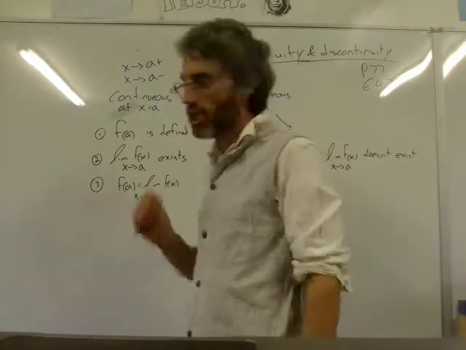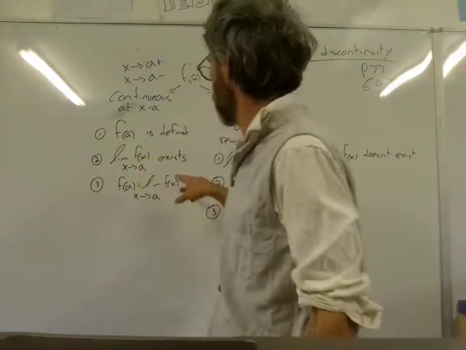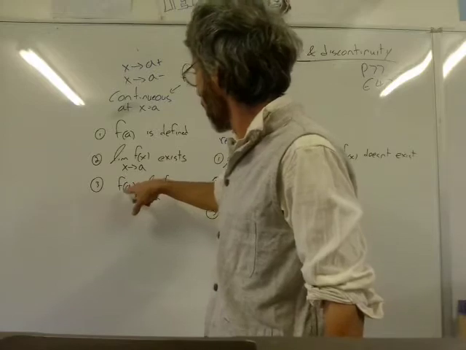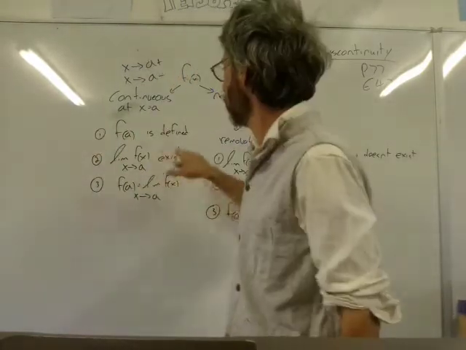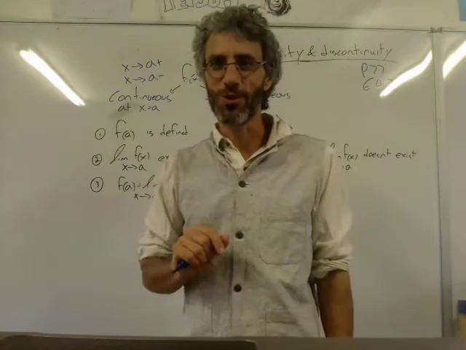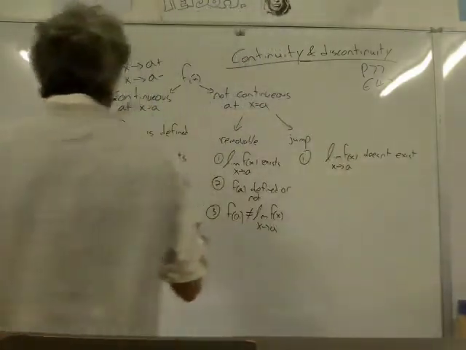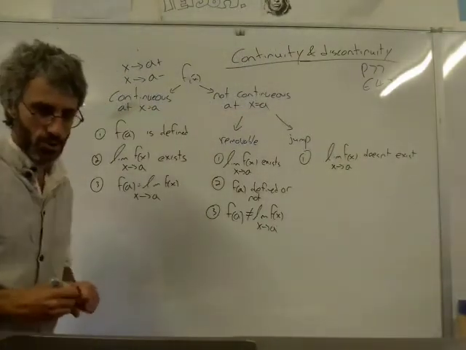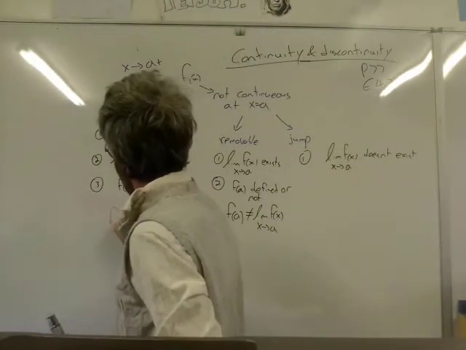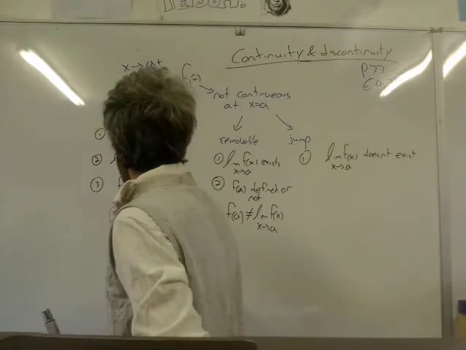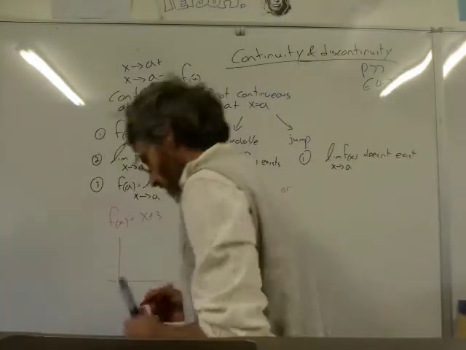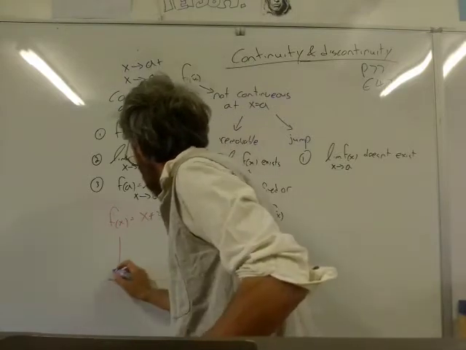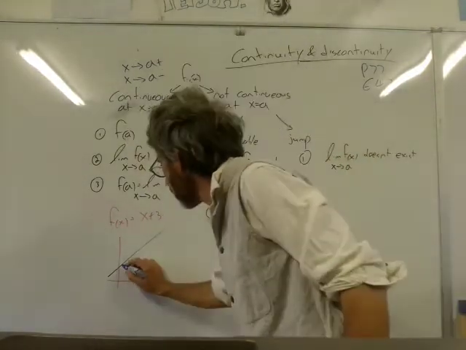And the third condition that must apply for it to be continuous is that the value of the function at a must equal the limit of the function as x approaches a. Just to give you a simple example, let's use the red one, okay? So an example will be f of x equals x plus 3. If I was to draw that, it's going to be just a straight line crossing the y-axis at 3.